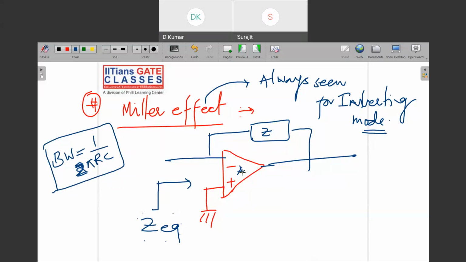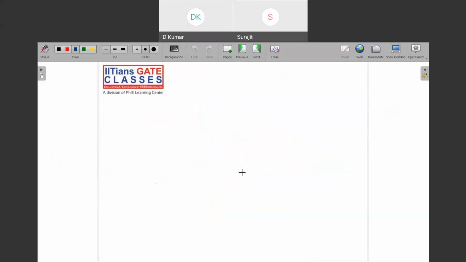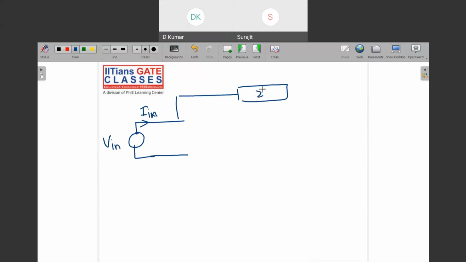As I said, you will have to draw the equivalent circuit. There is a V in and the current will be I in. This Z will be there, and the output part is V naught.